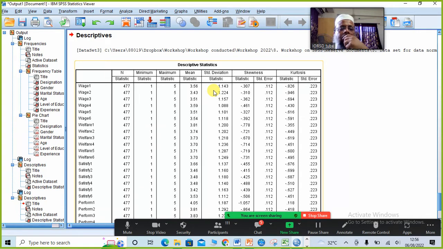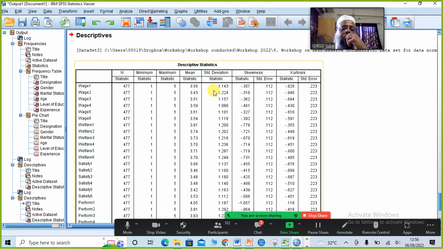If we subtract 1.14 from 3.56, we lead towards the left side, and if we add 1.14 standard deviation to the 3.56 mean, it will go towards the positive side.